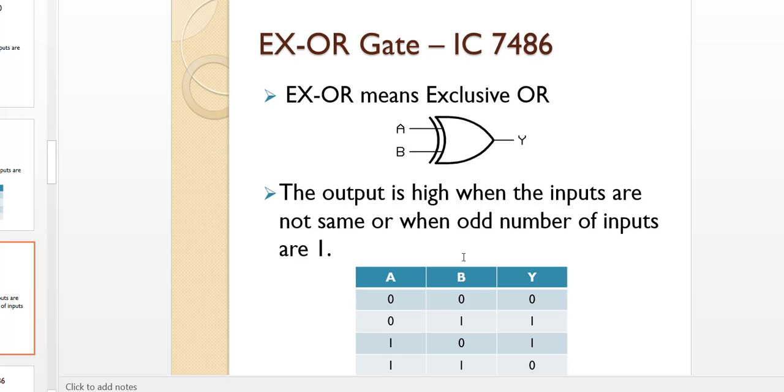There is an even number of ones, so the output is 0. Whereas let's take the case 1 1 1. For 1 1 1, we have an odd number of ones, so the output is 1. Correct. Let's go to the next.